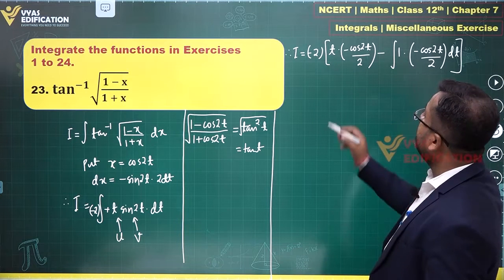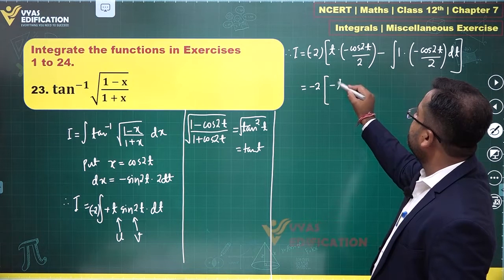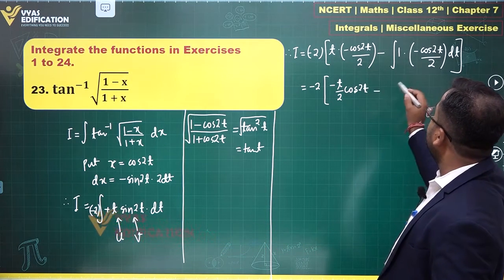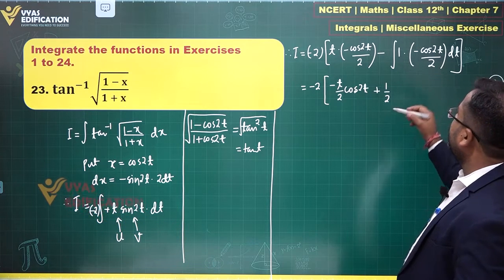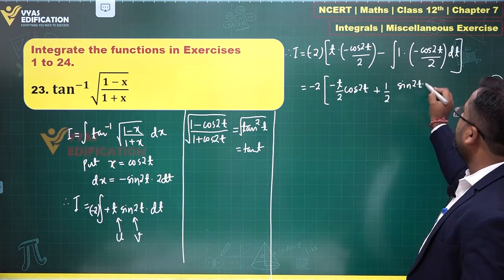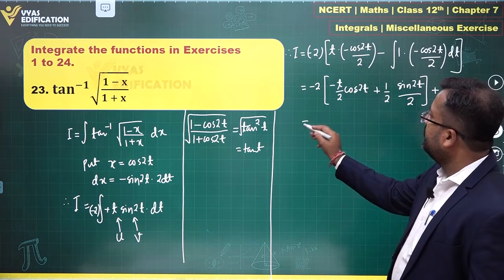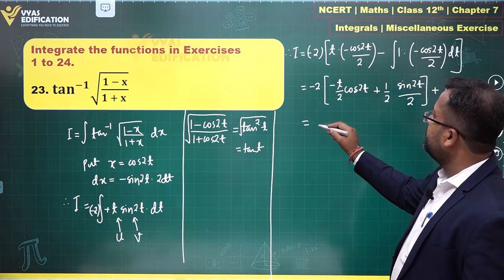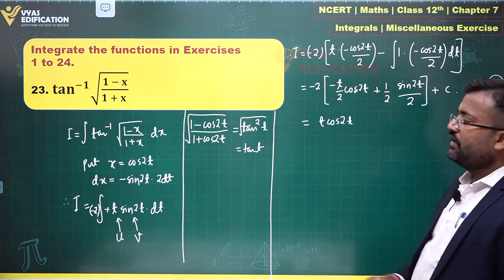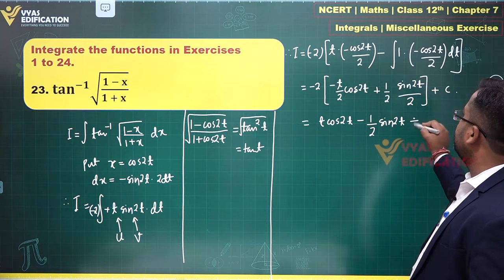Now integrate that second function. Minus 2 is okay. This is minus t by 2 cos 2t minus of minus plus 1 by 2. The integral of cos 2t will be sine 2t upon 2 plus a constant of integration. So what does this become? Minus 2, this becomes t cos 2t. Minus 2 will be minus 1 by 2 sine 2t plus c.